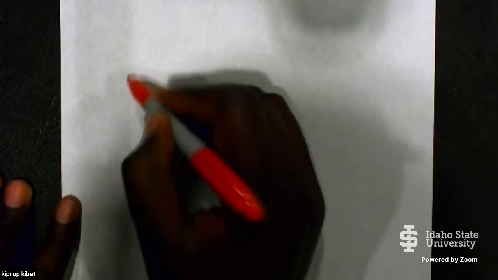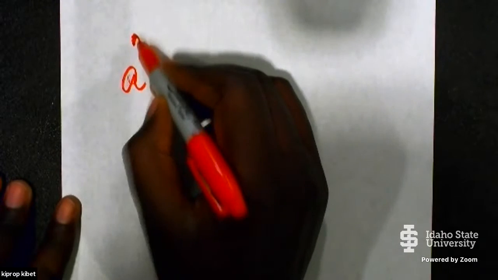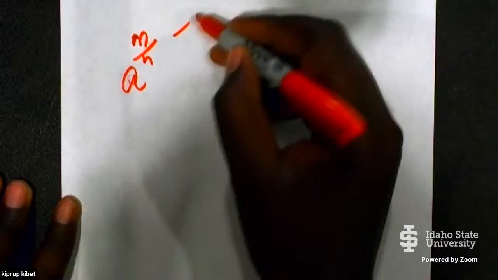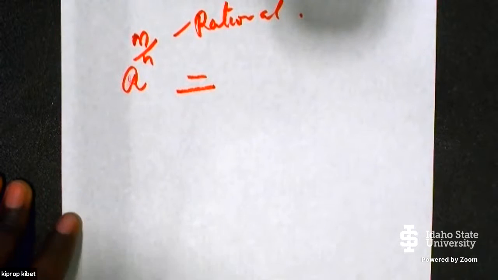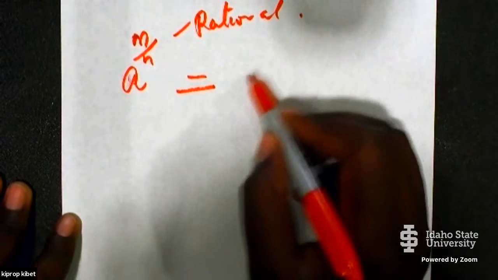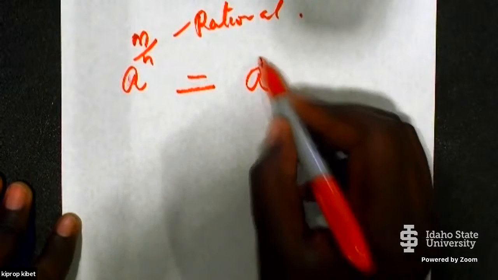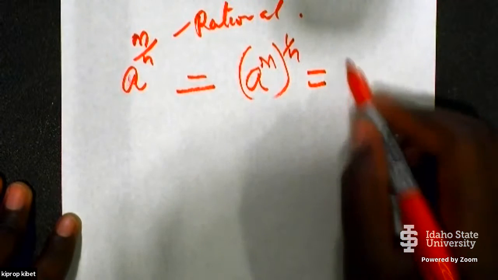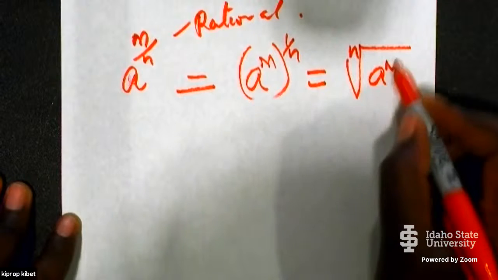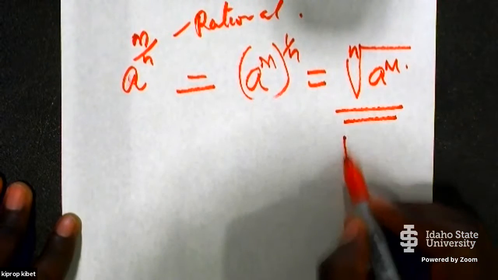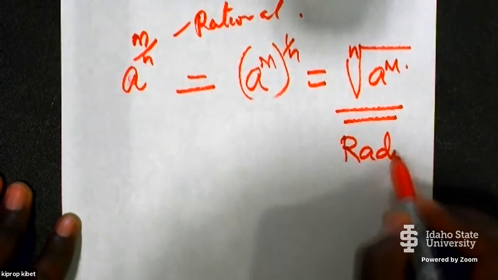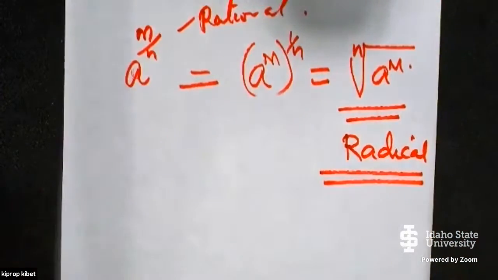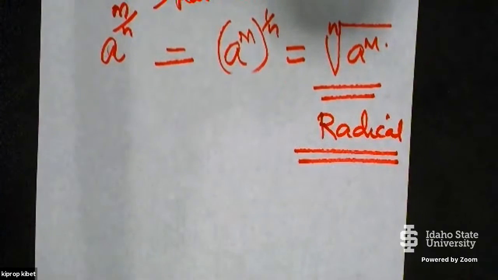If our rational is a raised to m all over n, converting back to radical is the same as a raised to m and then raised to 1 over n, which is equal to the nth root of a raised to m. So this is now the radical.